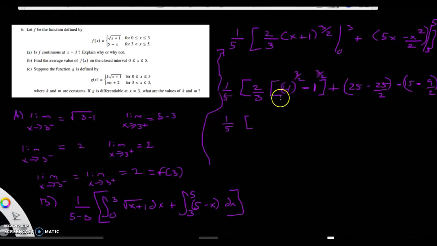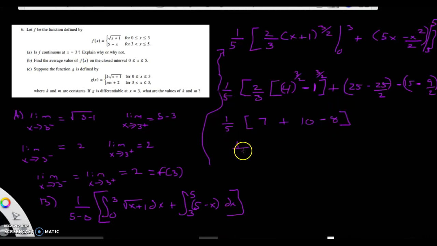Anyway, when you plug it in, you're going to get 8 minus 1, so 7. Plus 25 minus 15, that's 10. Negative 25/2 minus 9/2, what's that? Negative 16/2, which is negative 8.